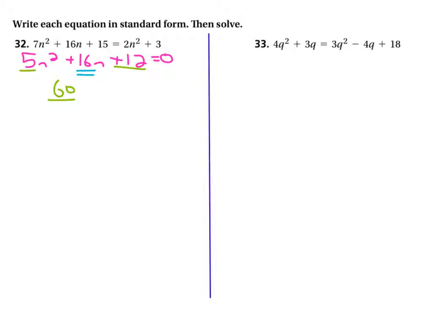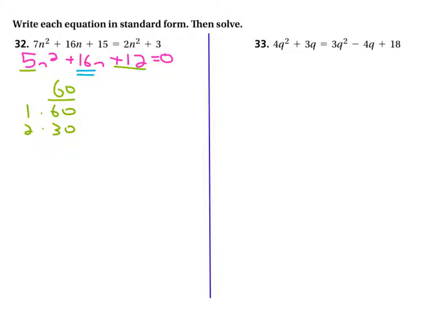That is the b term. Since the constant term here at the end is positive, we're going to have the same sign twice, and this will tell us that they're both going to be positive. We need two positive numbers, so when we list factors of 60, we can use positives. 1 times 60, 2 times 30.